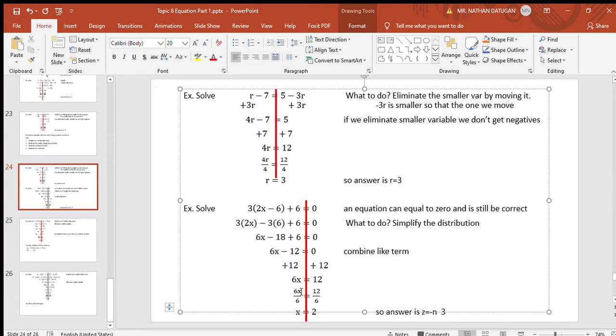Now, we don't stop here, our goal is again x by itself. So how do we get rid of that 6? We divide. So we divide both sides by 6. You see right here, 6x over 6, and then 12 over 6.